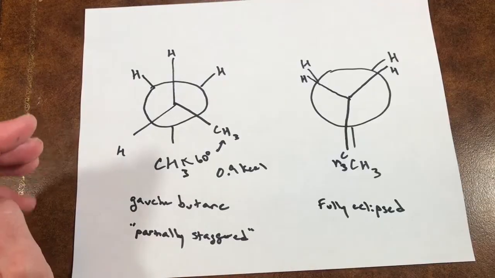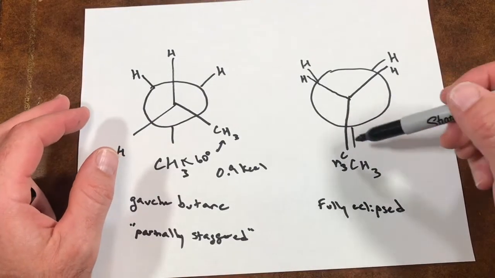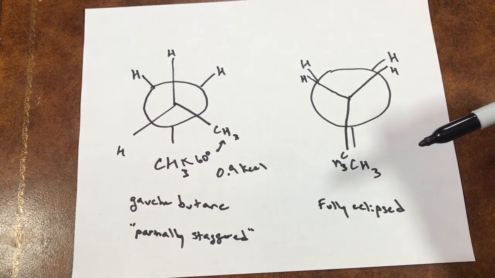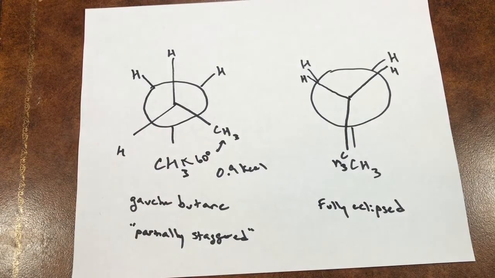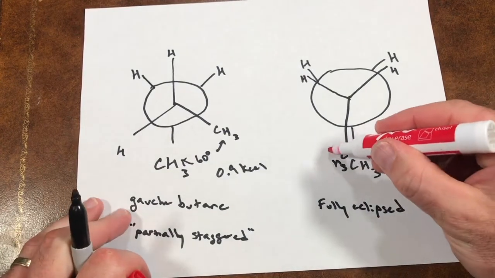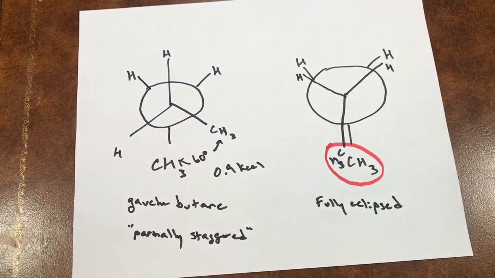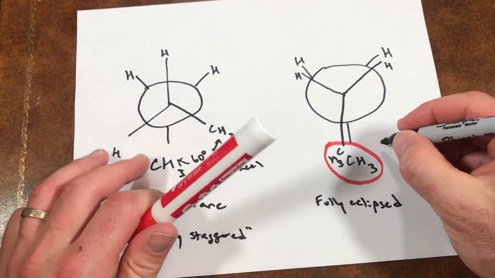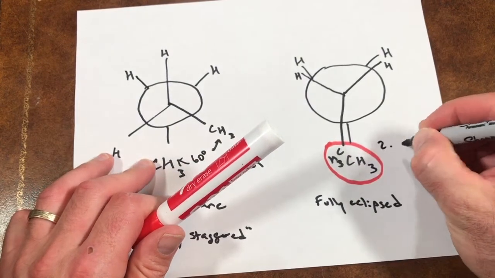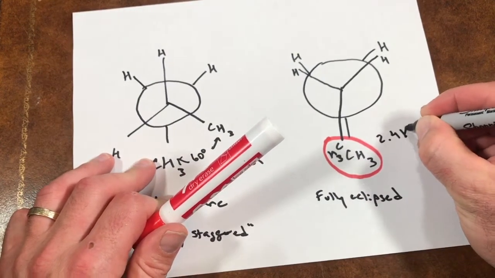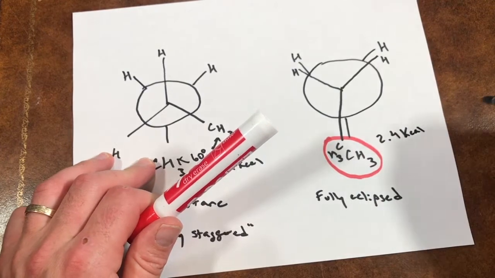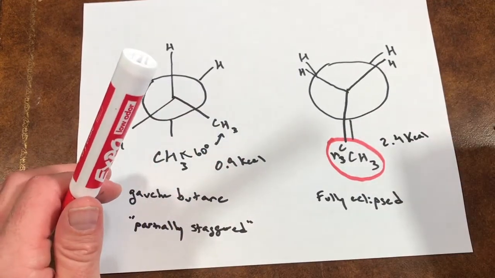Here's fully eclipsed butane, and you'll notice that the interaction we were just talking about, the eclipsing of those two CH3 groups, causes just about 2.4 kcals of additional strain.